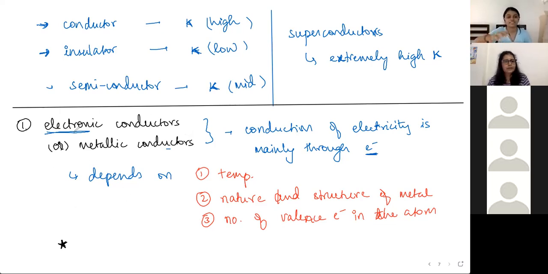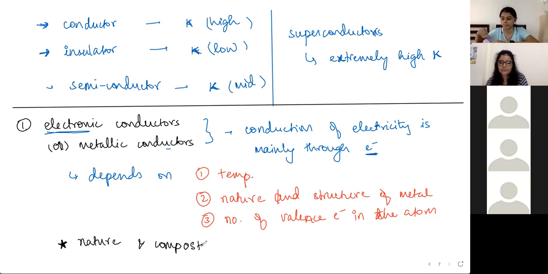So an important thing in this kind of conduction, where it is an electronic conductor, is that the nature and composition of the material does not change. Copper will remain copper. It's not going to gain electrons. It's not going to lose electrons. The same thing keeps going on, right?